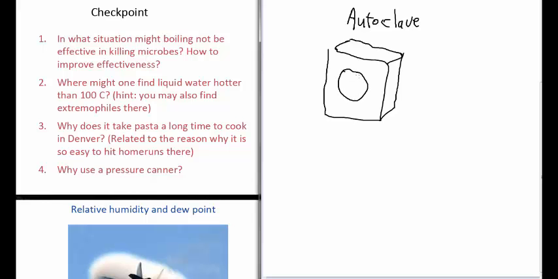And if you've ever watched movies with a submarine, and they're like, okay, open the hatch, and they take the wheel and they spin it, that's kind of what's on the front of an autoclave.